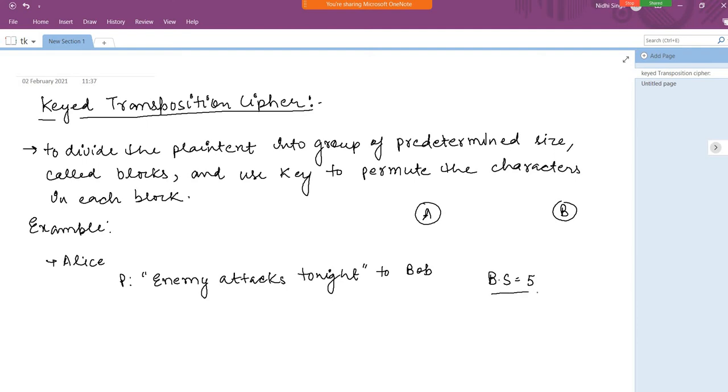So each block can contain only 5 letters of the plain text. If the last block contains fewer than 5 characters, you enter some bogus characters, also predetermined between Alice and Bob. So three things have to be predetermined: the first is the key, the second is the block size, and the third is the bogus character. So divide it.